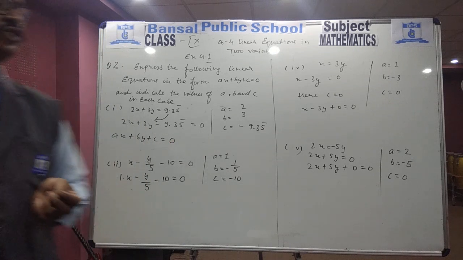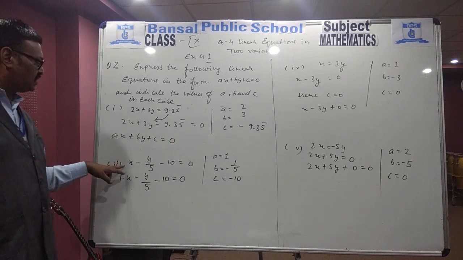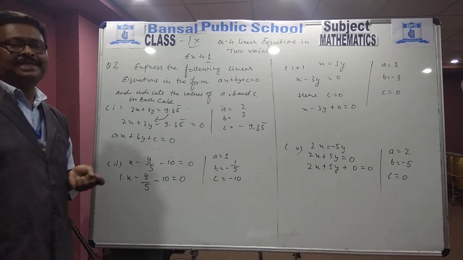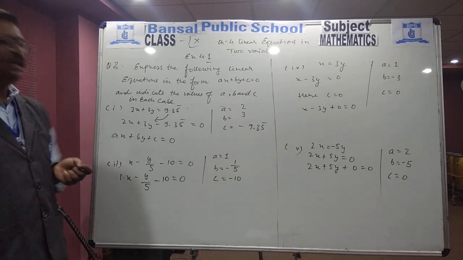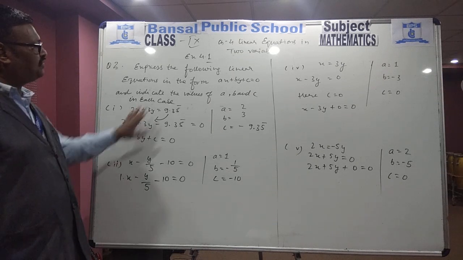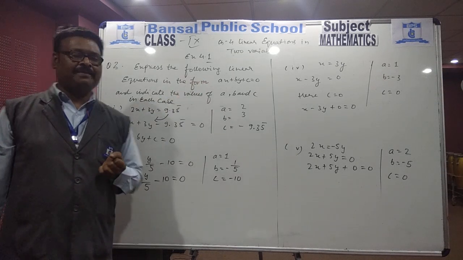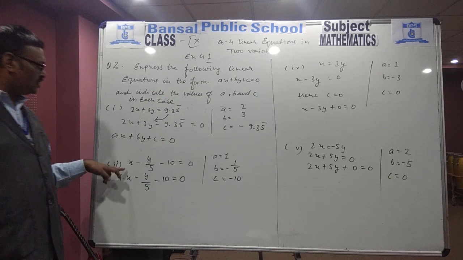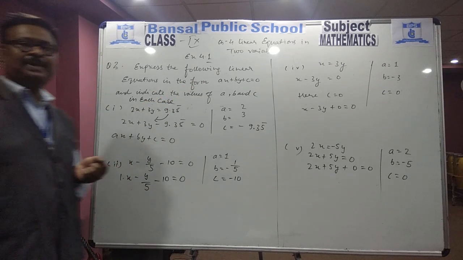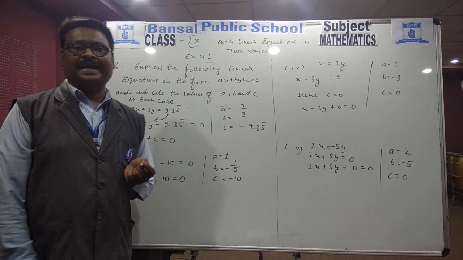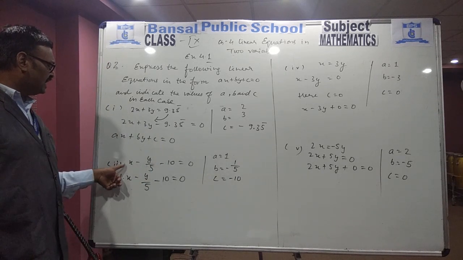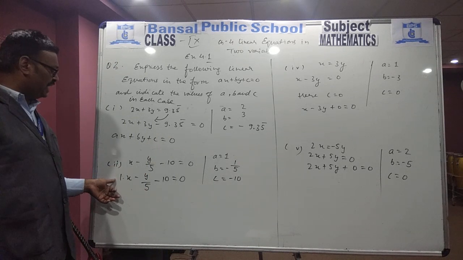Let us see the next part of question number 2. x minus y by 5 minus 10 equal to 0. When I observe the equation, it is already in standard form or general form, ax plus by plus c. But for x, there is no digit, and I know that I can multiply x by 1 and the answer will be the same x. So in place of x, I will put 1 into x.